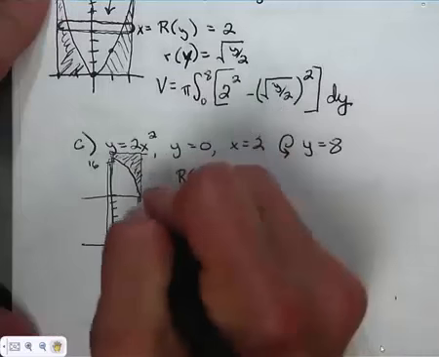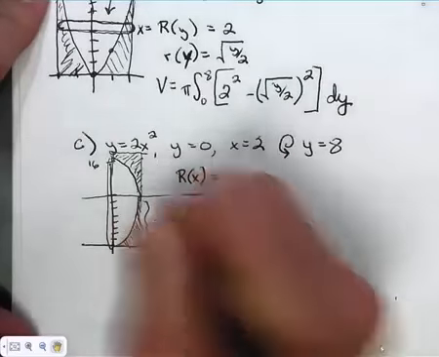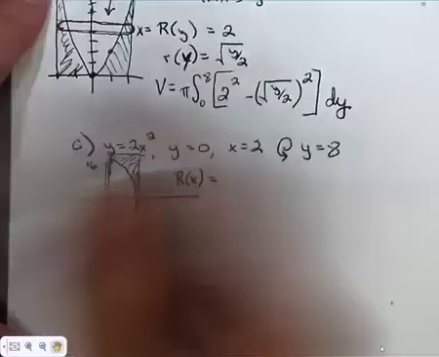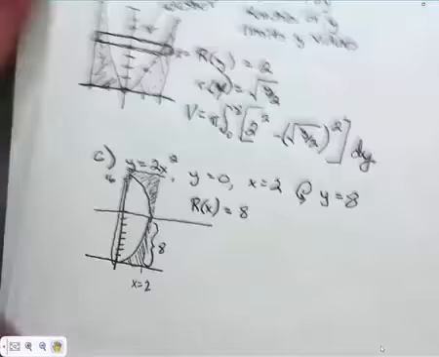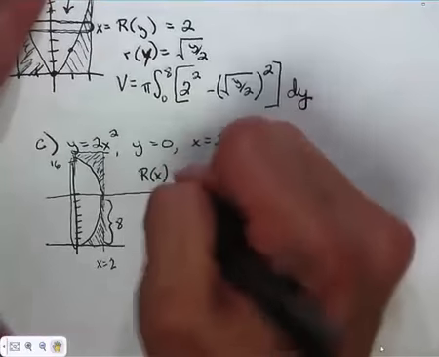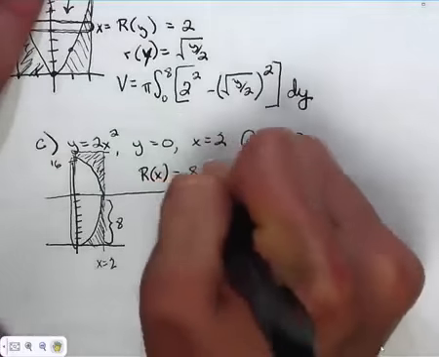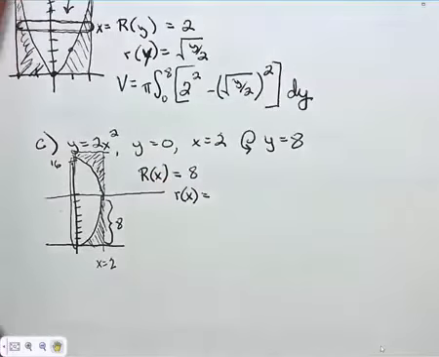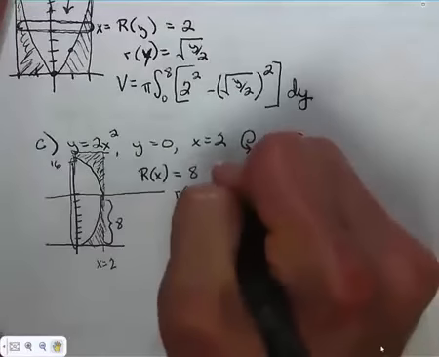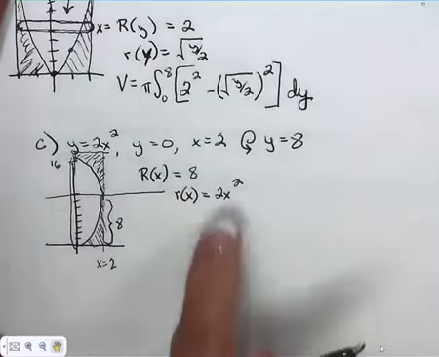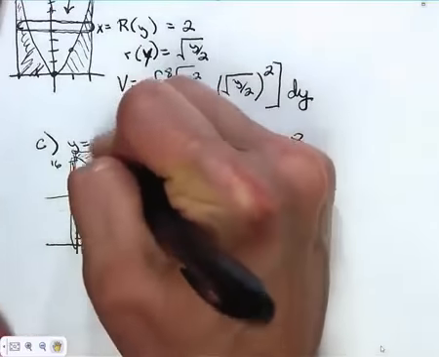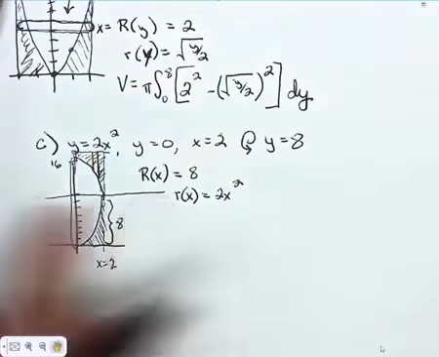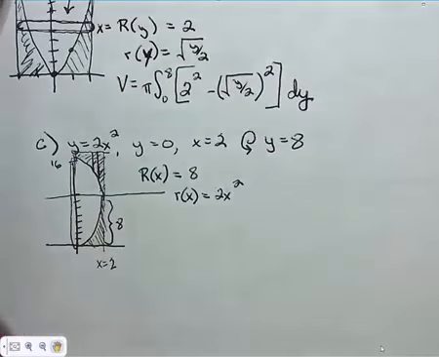Yeah, the outer radius is that. What is my inner radius being carved out by? 2x squared. Yes. And I do need functions of x here because I'm using vertical rectangles because I'm going around the horizontal axis of revolution.